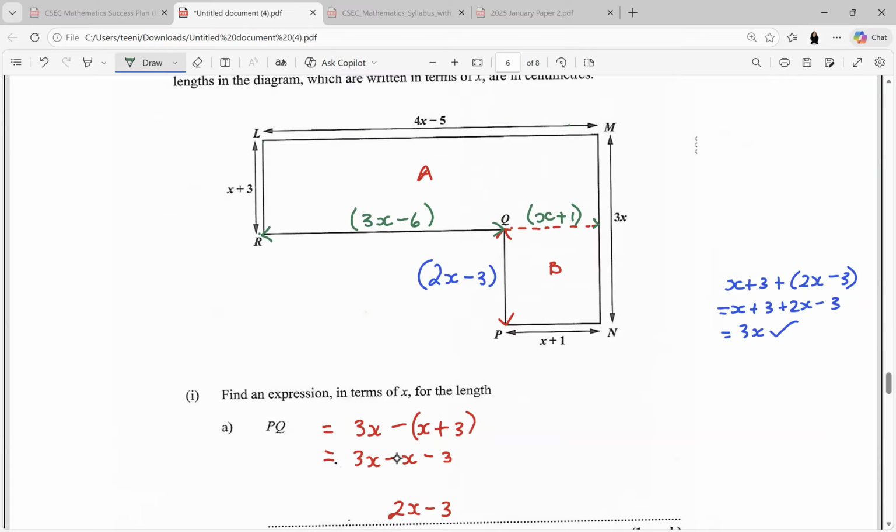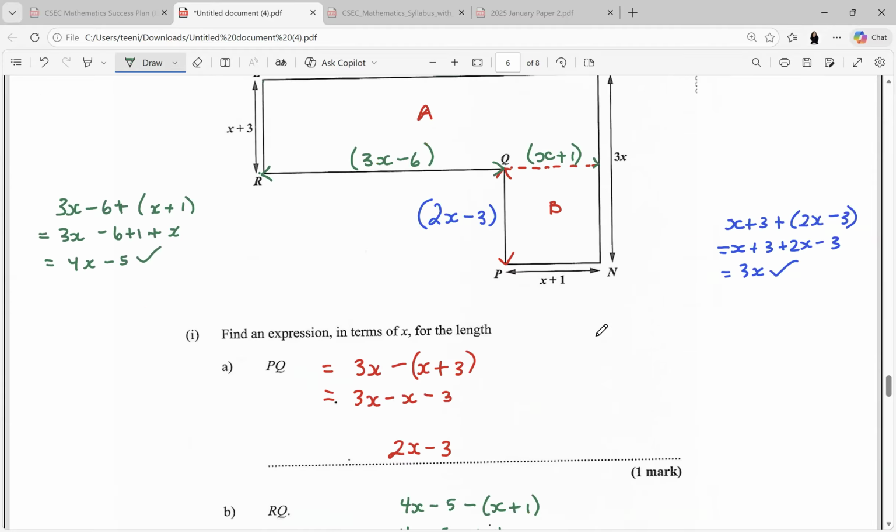Let's see if that's true. So that's 3x take away 6 plus 1 plus x. So 3x plus x is 4x, and minus 6 plus 1 is minus 5. So it does work out.